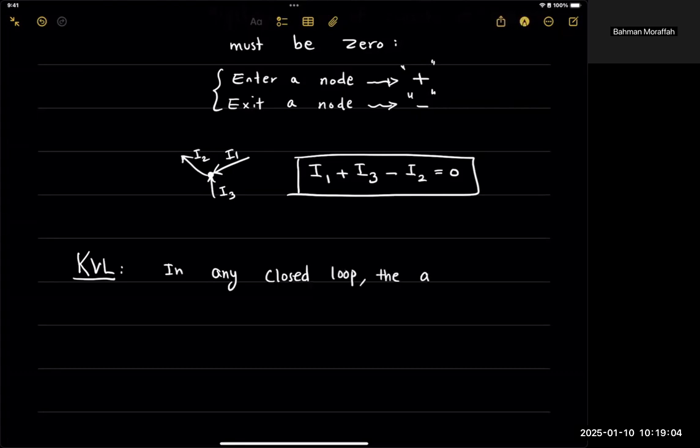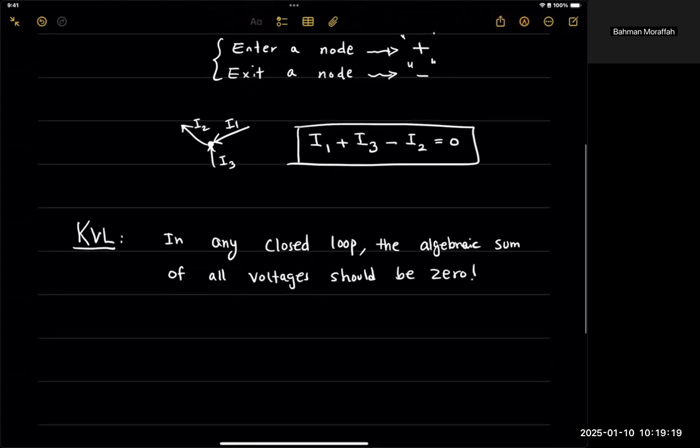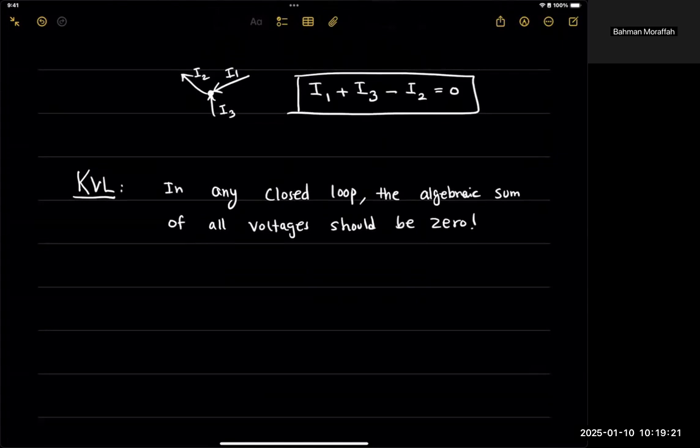For this, we had a convention that if we're looping around in whatever direction we consider, and we encounter the positive side, we consider that voltage to be positive, and if we encounter the negative side, the voltage is negative.